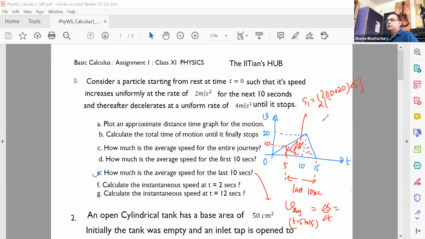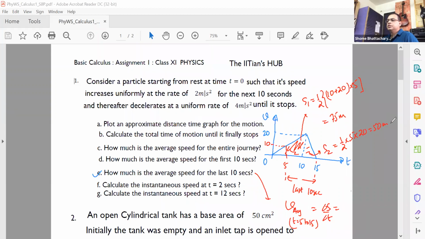So this is becoming how much now? Half of 30 into 5. So 75 meters, correct? And this triangle has area S2, let's say. So that is half of base into height.